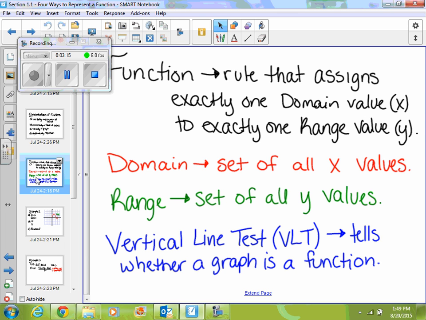Okay, so a function is a rule that assigns exactly one domain value, or one x, to exactly one range value, or exactly one y.